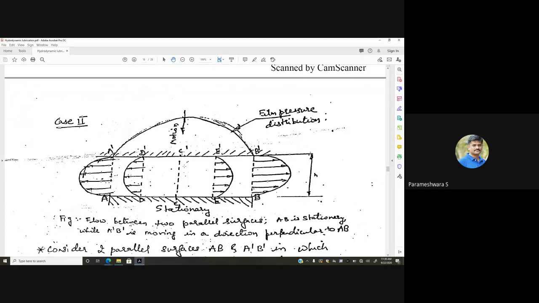The rate of flow is zero in the middle section CC dash, and it gradually increases from point to point on either side. As the distance from the center cross section increases, the maximum flow occurs at A dash and B dash. In each cross section, the velocity of the oil will be maximum in the middle layer and zero at the surface. So this type of flow is possible if there is a pressure gradient.